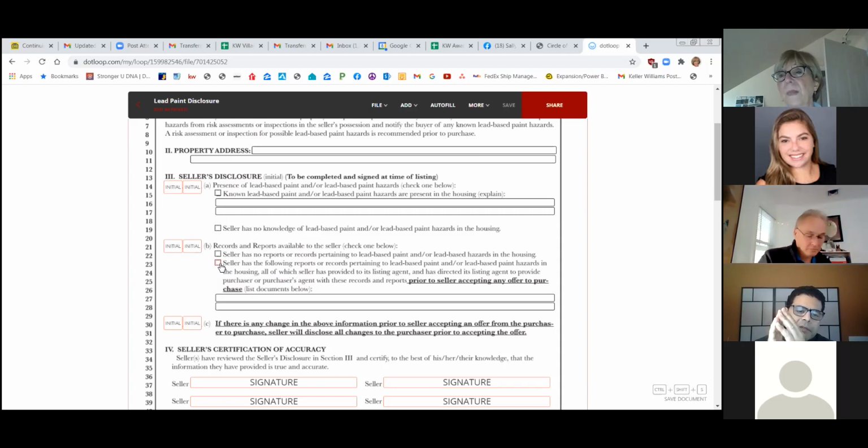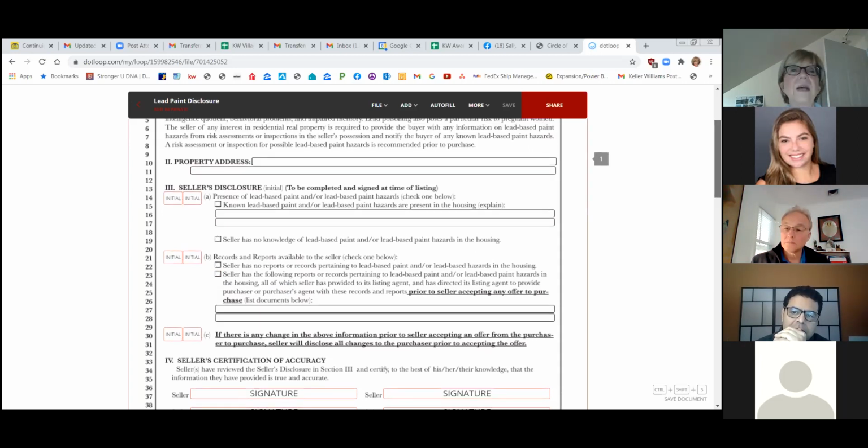What if they've stripped down the home, and they've put up drywall, sheetrock? What I would say to any seller is, if the house was built before 1978, unless it was totally gutted and a new foundation put in, they need to fill this out and say that they don't know of any lead paint.